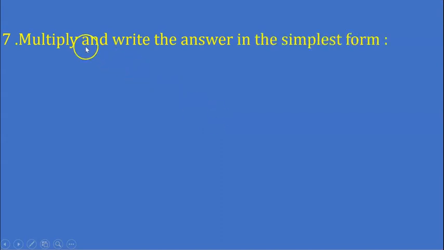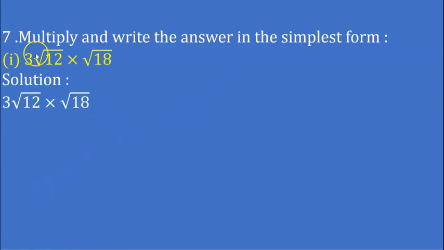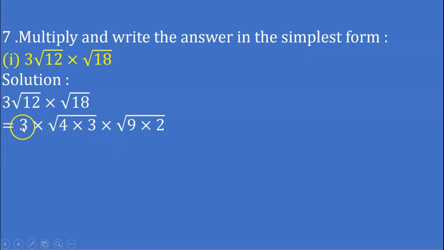Next, multiply and write the answer in the simplest form. First example, 3 root of 12 into root of 18. Now this 3 as it is. Root of 12 can be written as root of 4 into 3, and root of 18 can be written as root of 9 into 2. Next, root of 4 means 2, so 2 root 3, and root of 9 means 3, so 3 root 2.